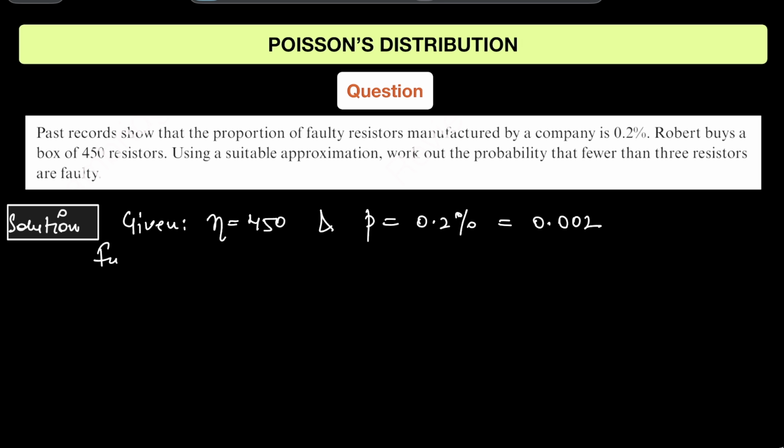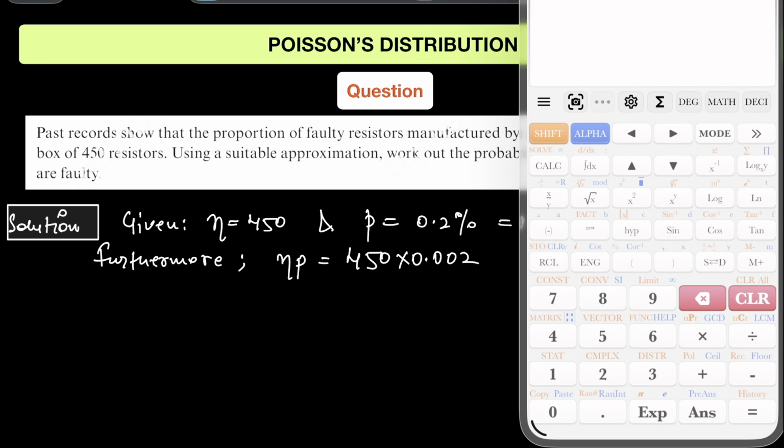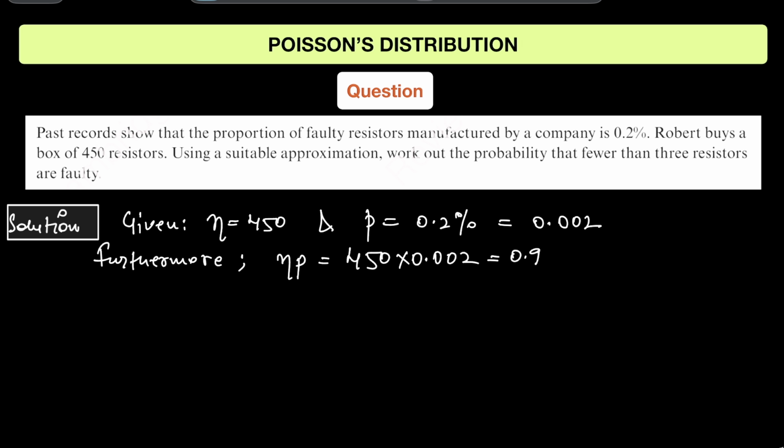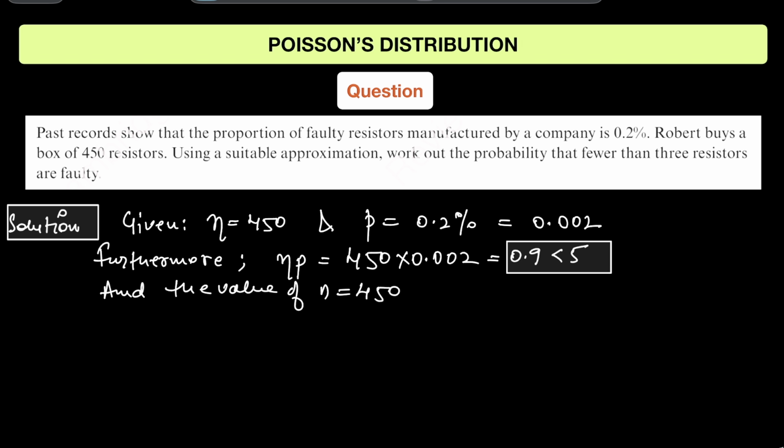Furthermore, if I calculate n times p, 450 times 0.002, we get 0.9, which is again a very small value, less than 5, and the value of n is 450, which is again greater than 50.